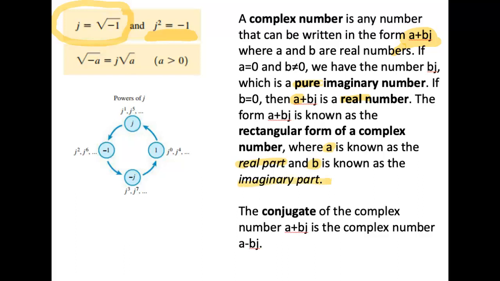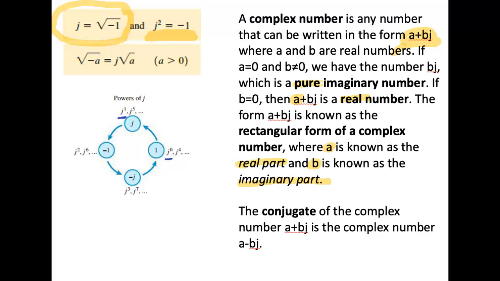Now, one of the things I'd like for you to notice here is that when we consider j raised to the 0 power, we know that any base raised to the 0 power equals 1, right? And then we've got j to the first power, and we know any base raised to the 1 power is equal to itself, which is j.